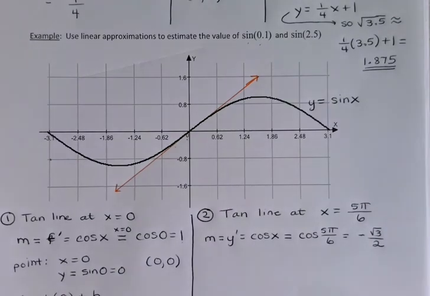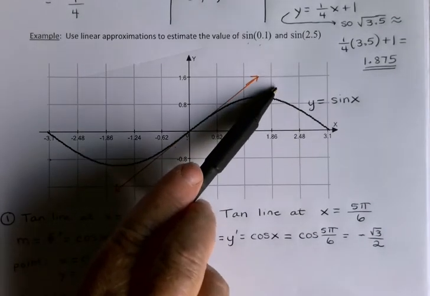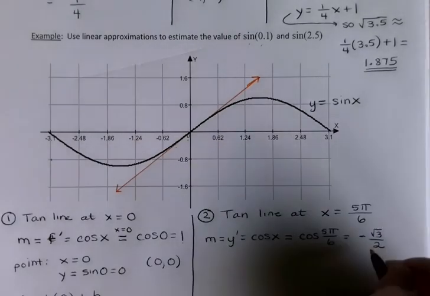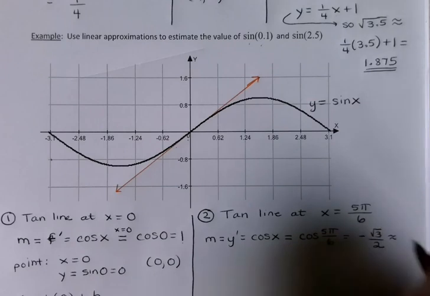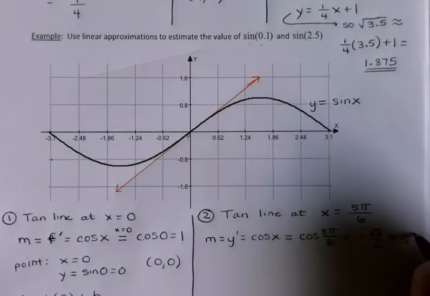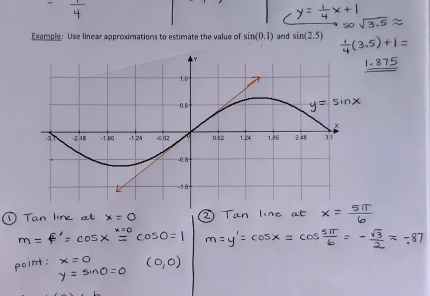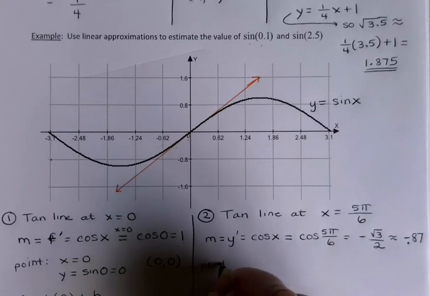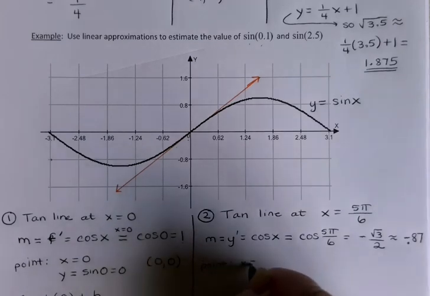By the way, I kind of like that. Notice at 2.5, the slope should be negative. So I like that slope. I am going to go ahead and get a decimal approximation for it so I can use it in my line a little bit more easily. It's about negative 0.87. The point, x is 5 pi over 6.